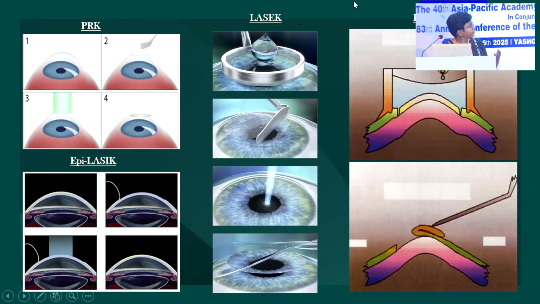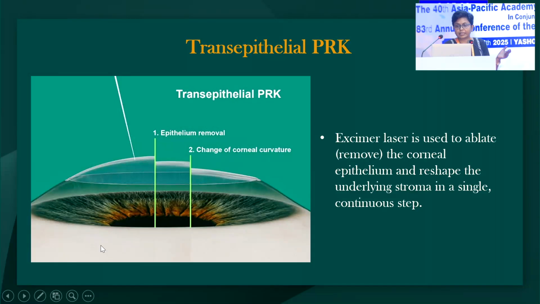But if we do not remove the epithelium and simply make it into a flap on one side, this became LASEK. But if we do the same without using this alcohol well, by using a microkeratome which gives a very thin cut, that is an epikeratome, this became Epi-LASIK. And finally, the transepithelial PRK, where we use the excimer laser first to remove the epithelium, and then we do the ablation in the stroma.